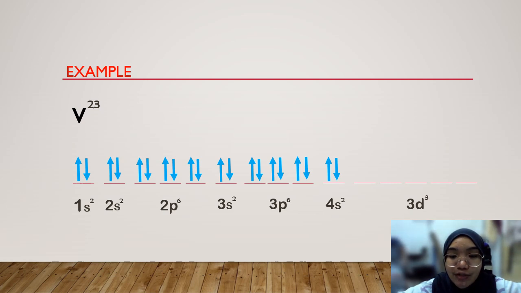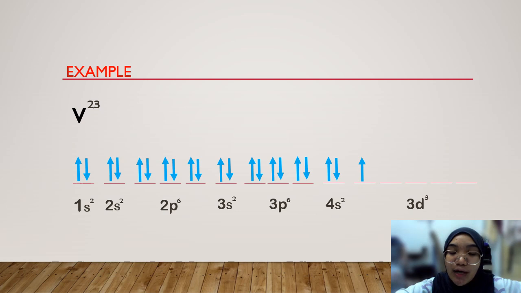So for 3d3, we know d always has 5 orbitals. We need to put the first arrow in the first orbital, and then we should not put the second one in the same orbital, like this.